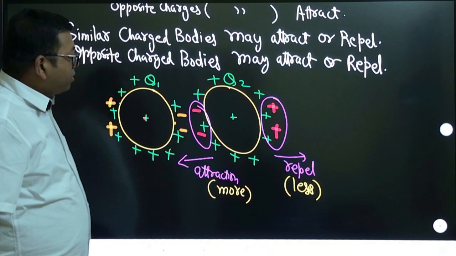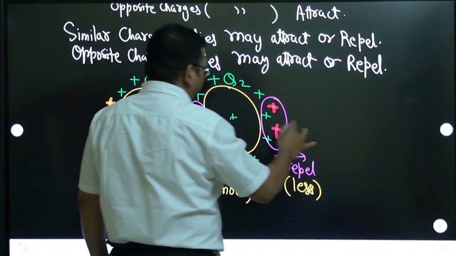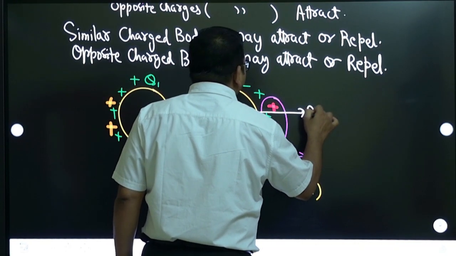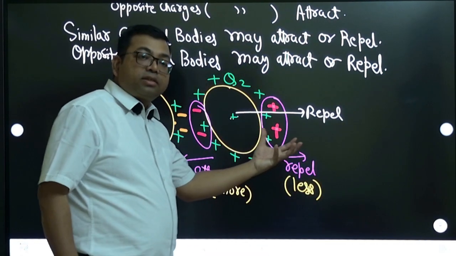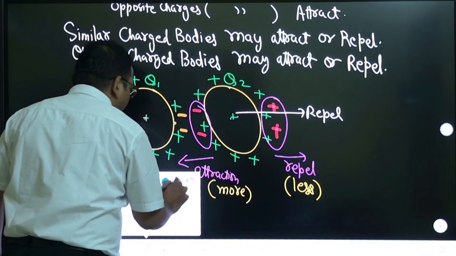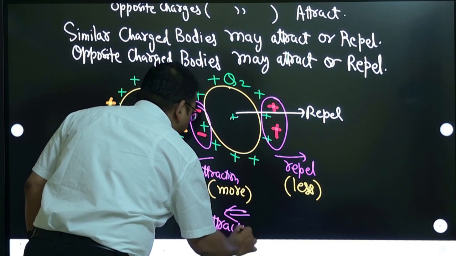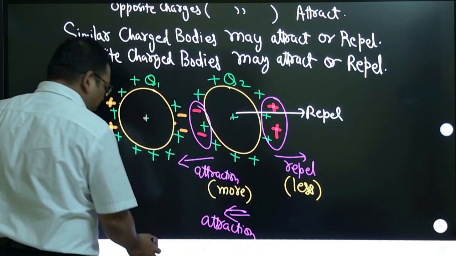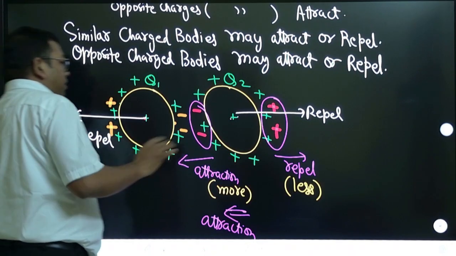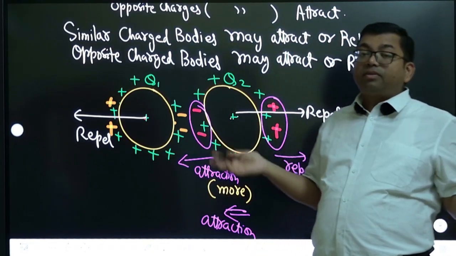Let us say this body was getting repelled overall, this whole system was getting repelled. But in addition to that repulsion, there is now a resultant attraction also. The repulsion which was happening between the bodies when they were considered as point charges was definitely there.